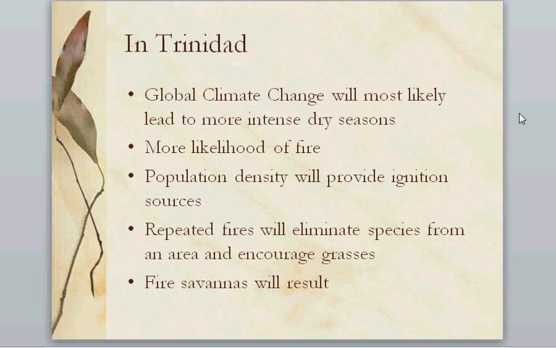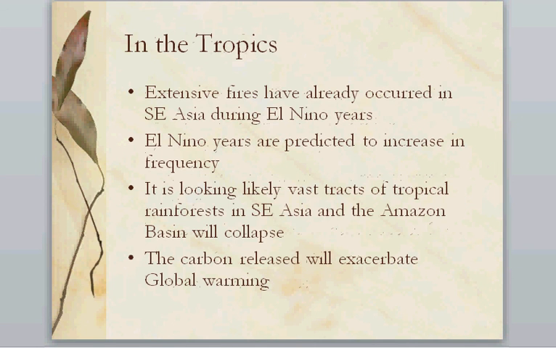Trinidad is a microcosm of the tropics, and more intense dry seasons are predicted for much of the tropics. So large amounts of fire is predicted for many of the last remaining large blocks of rainforest around the world. Already in Southeast Asia there have been extensive fires in Borneo, one of the large islands in the Indonesian/Malaysian archipelago.